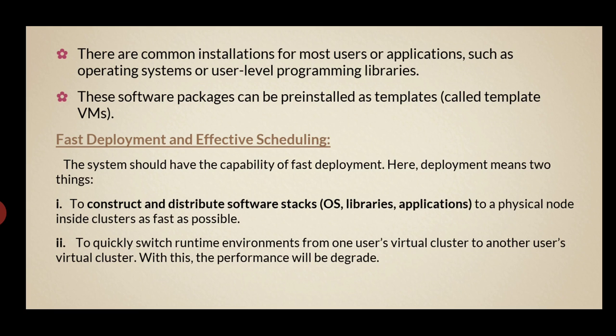If one user finishes using his system, the corresponding virtual cluster should shut down or quickly suspend to save the resources to run other virtual machines for other users. Otherwise, the performance will be degraded.